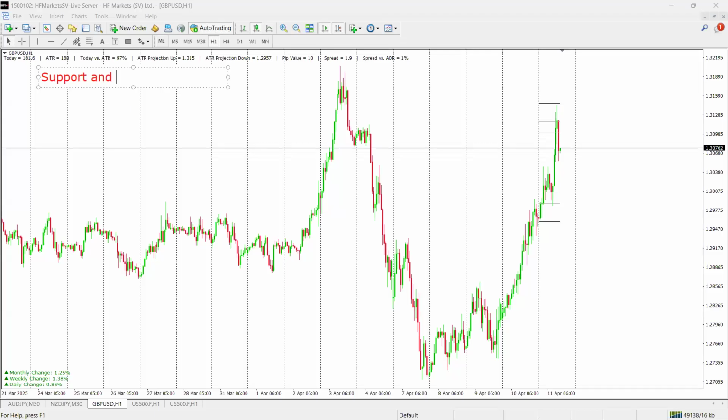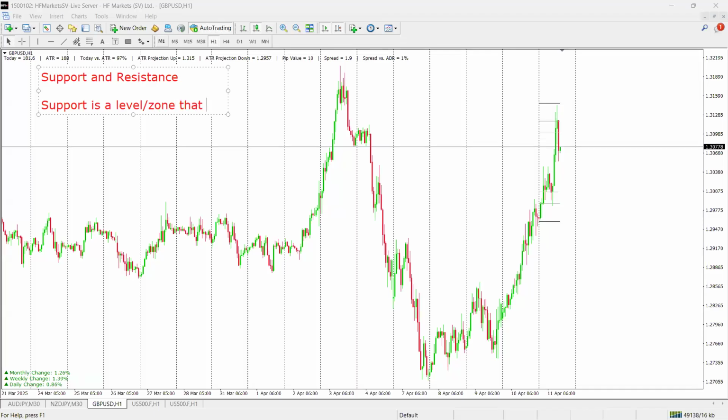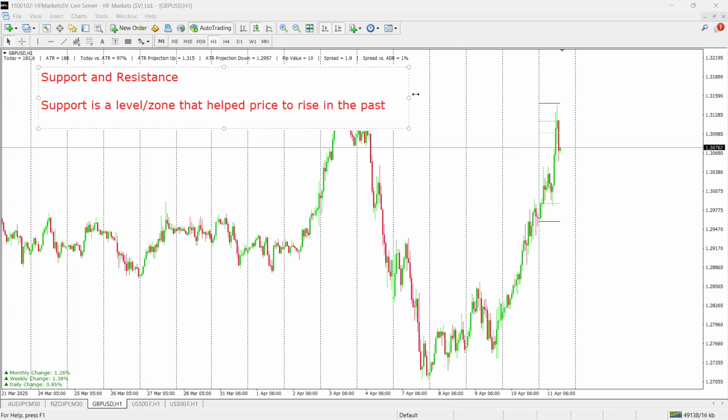We're not going to do too much. We're just going to keep it as simple as we can. A support is simply a level or a zone that helps price to rise in the past, maybe because demand is higher than supply at that level.